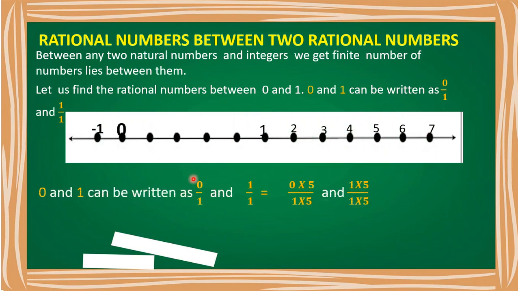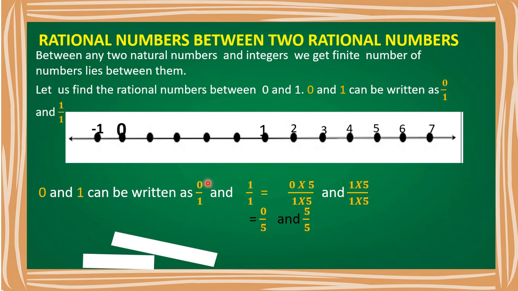So let us multiply 0 upon 1 and 1 upon 1 by 5 upon 5. So 0 into 5 upon 1 into 5, and for 1 upon 1 again we can write 1 into 5 upon 1 into 5. So we have 0 upon 5 and 5 upon 5. Now the denominators are equal.